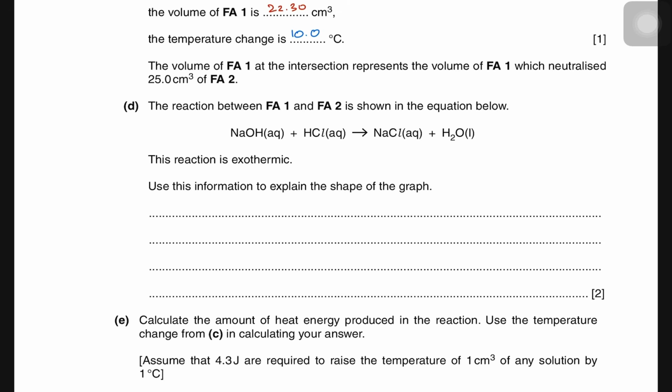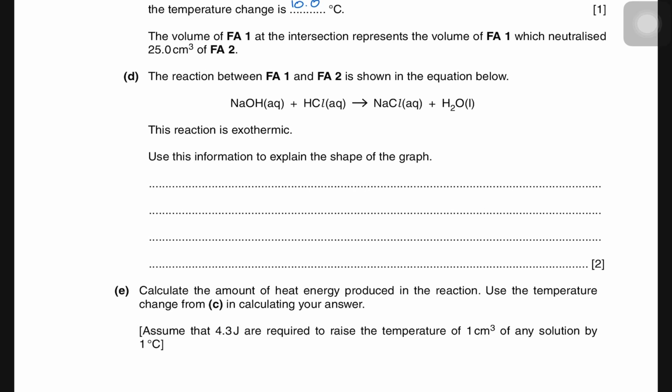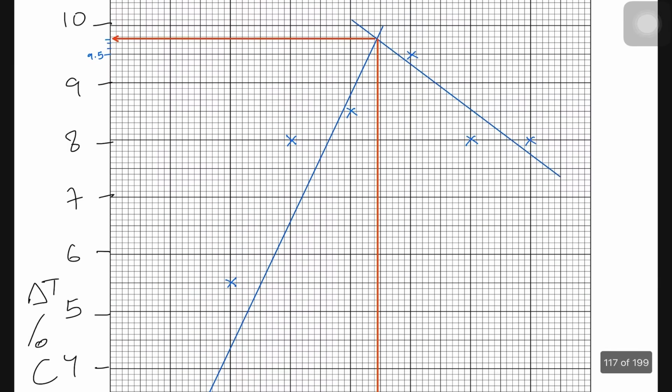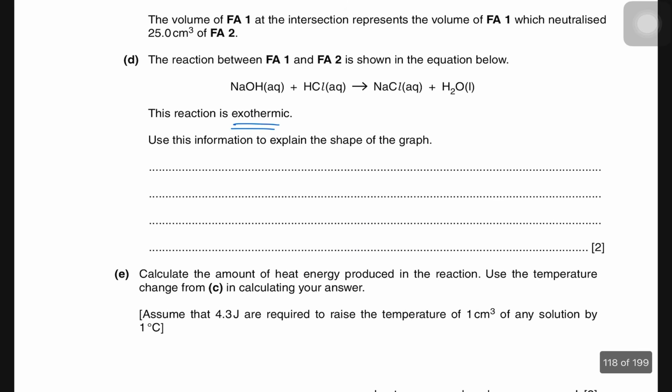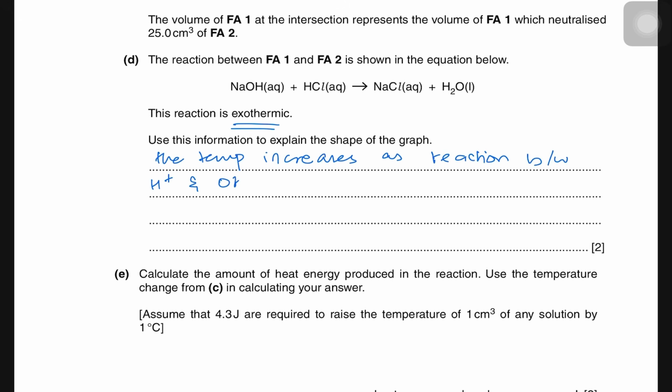The reaction between FA1 and FA2 is shown in the equation below. The reaction is exothermic. Use the information to explain the shape of the graph. So you can see the graph is increasing, and then the temperature becomes almost constant for 2 points. So the temperature increases as the reaction between H plus and OH minus ions happens, which releases heat.